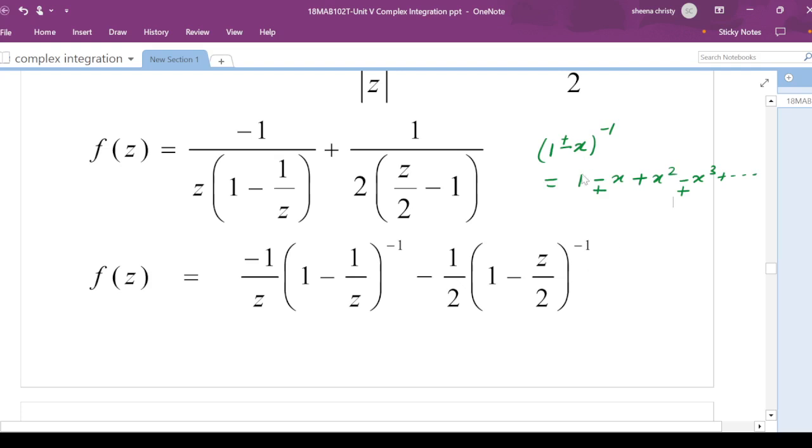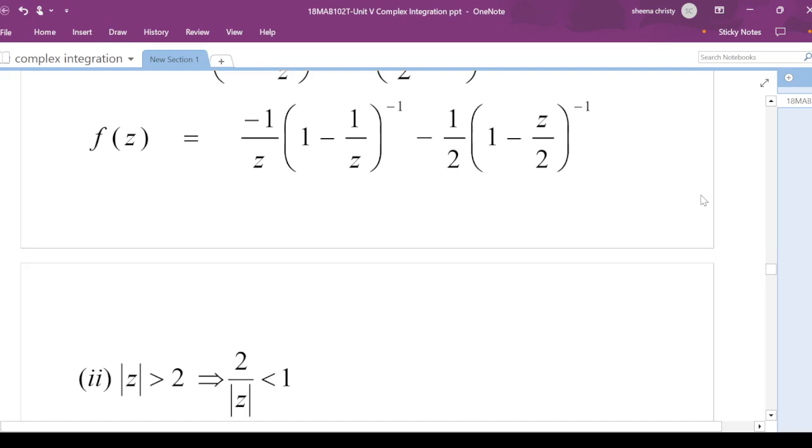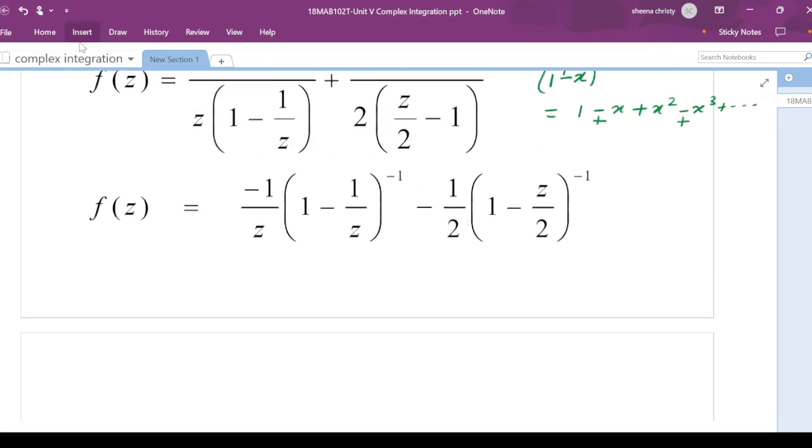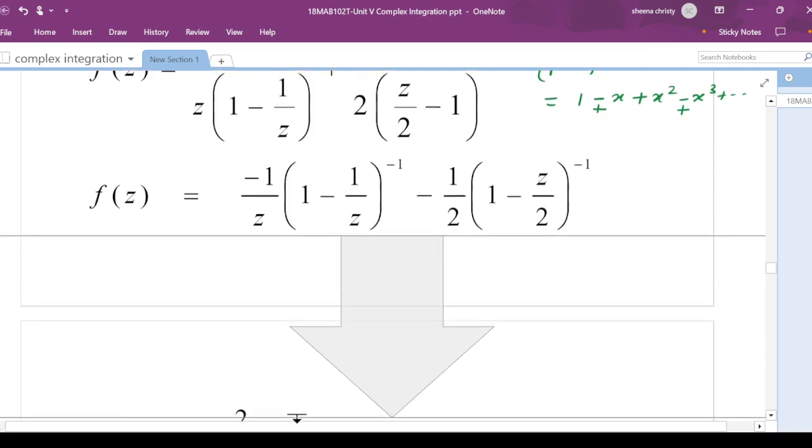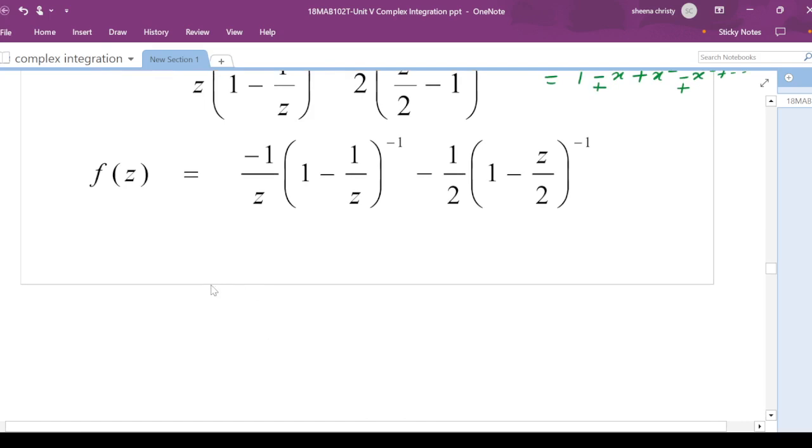Now apply the formula. This comes under the second category, where all the terms will be positive. So expand it by making use of the power series expansion, and you can write down the simplified form or the generalized case.